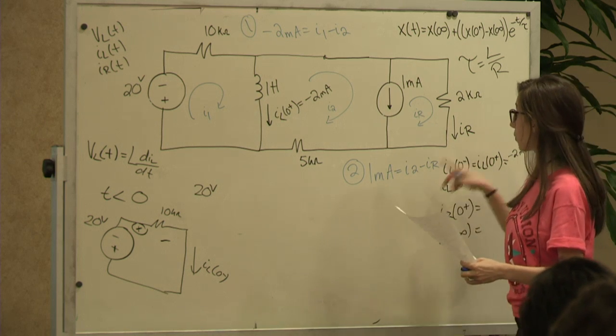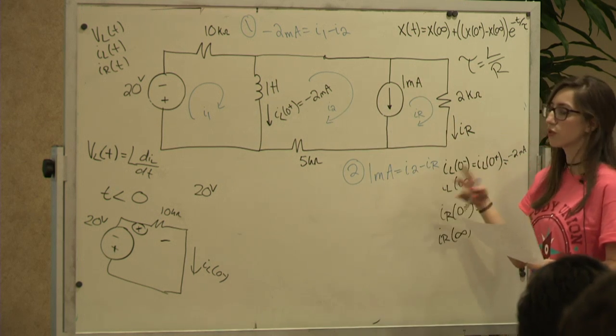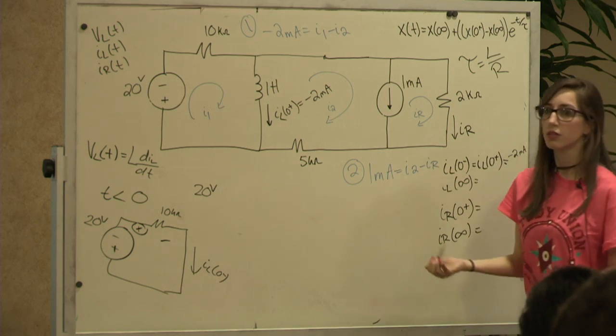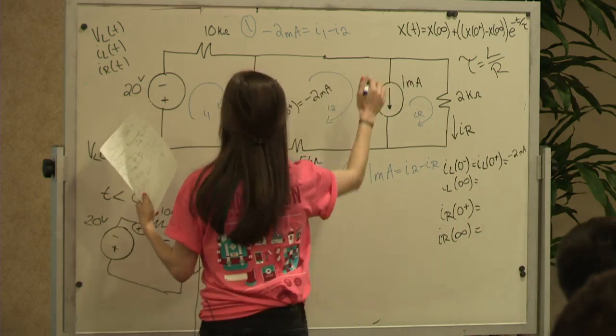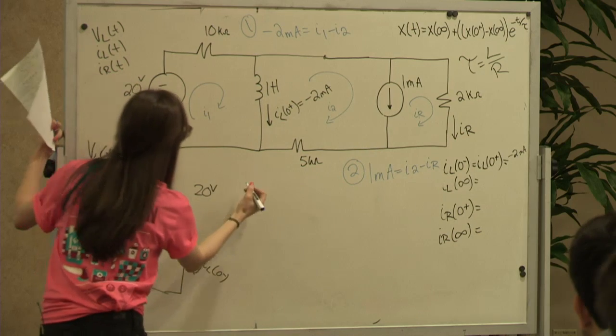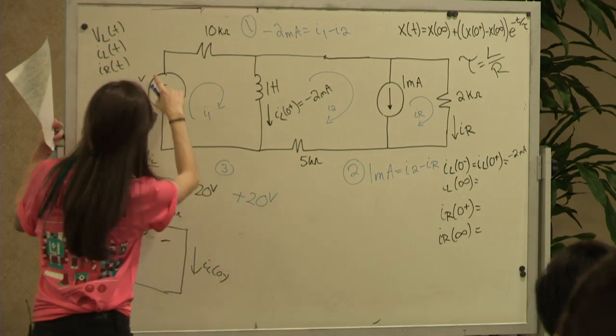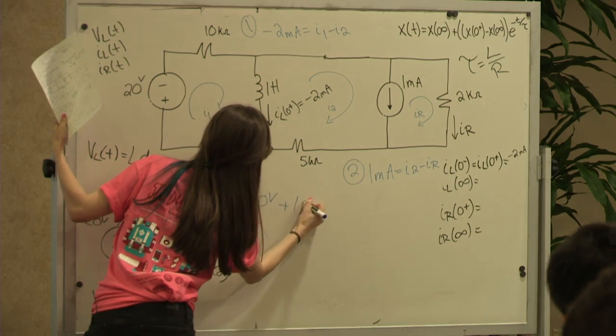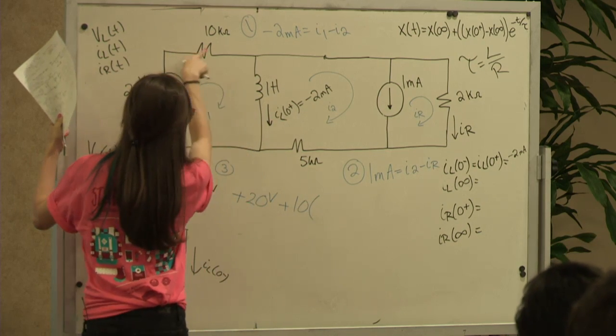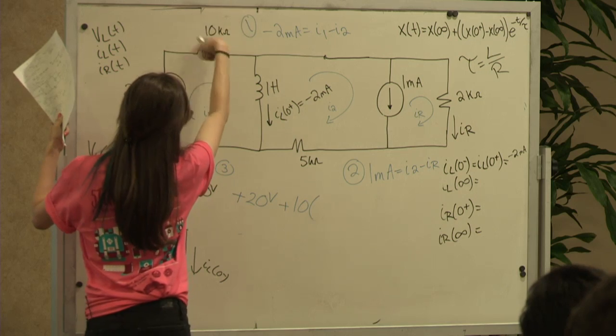So now we have 3 unknowns, 2 equations. We just need one more. So we're going to do this big KVL. Going this way, plus 20 volts, plus 10 kilo ohms times I1, because only I1 is running through that branch, 0 is running through the other branch.